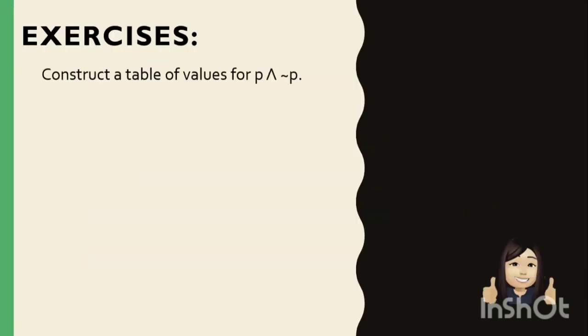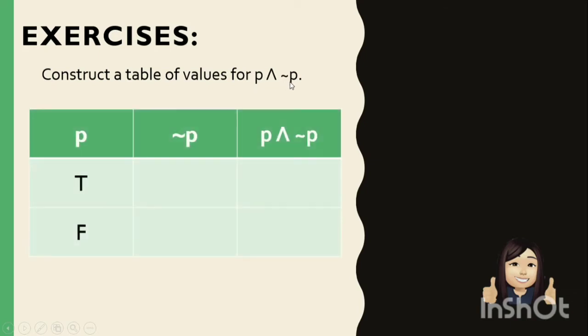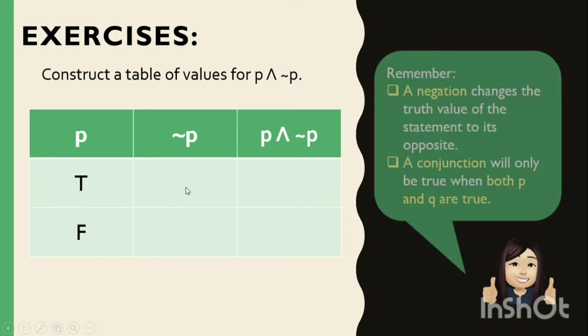So first, we will construct a table of values for P and not P. Again, P and not P. We will have the basic P, and we will have to determine the truth value for not P. If P is true, not P, which is the negation, we will change the truth value to its opposite.